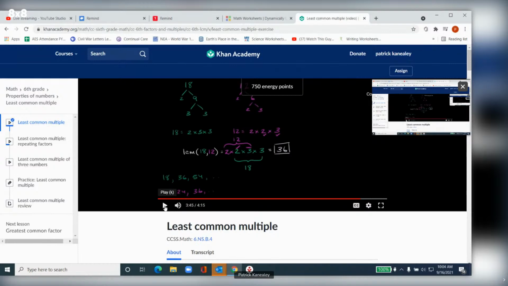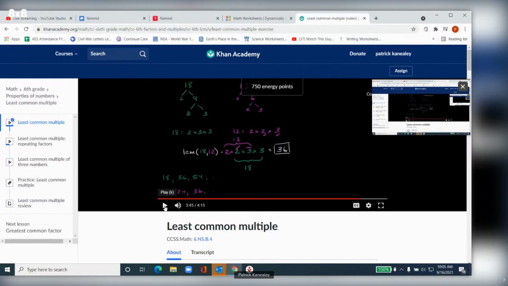Two is two times one, three is three times one, five is five times one, seven is seven times one, 11 is 11 times one, 13 is 13 times one, 17 is 17 times one, and 19 and 23 are prime numbers too. Only one times five equals five, one times three equals three, one times seven.